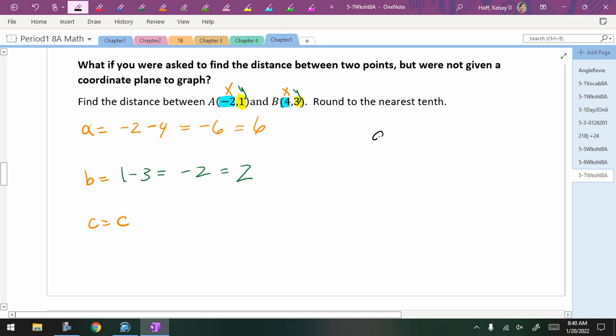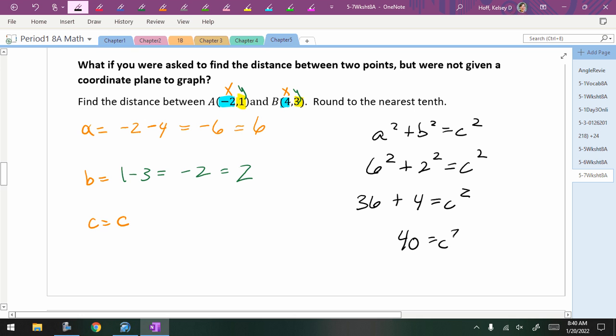So if I'm going to fill in A squared plus B squared equals C squared, what am I putting in? 6 squared plus 2 squared equals C squared. 6 squared is 36 plus 4, which is 40. Then we got to take the square root of both sides, rounded to the nearest tenth.